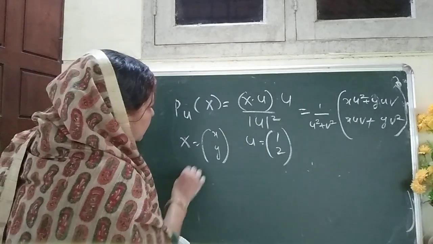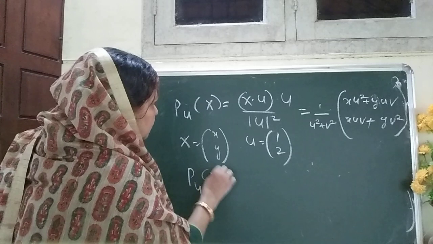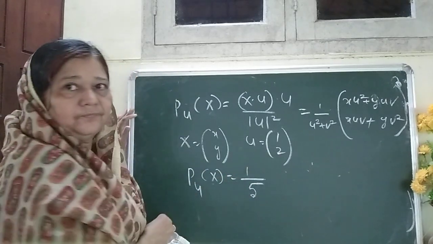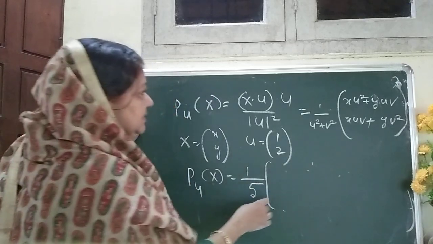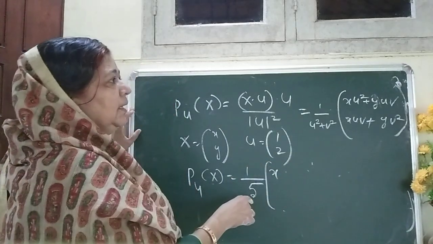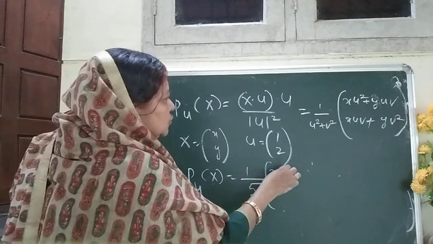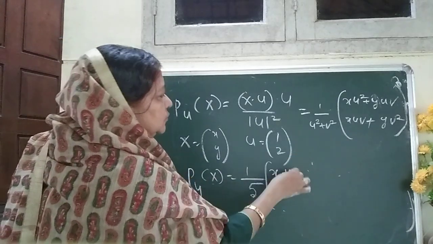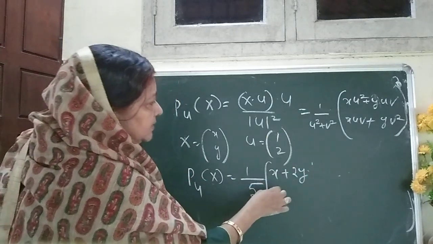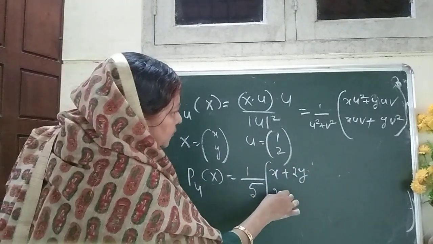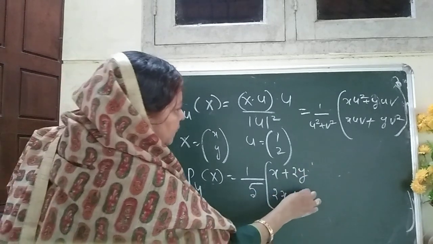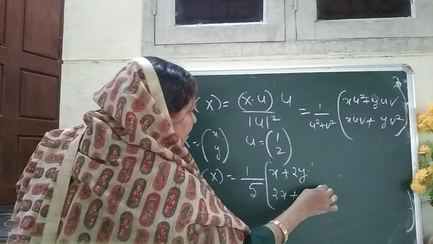Here PU of x equals 1 by (u square plus v square), that is 5, into x u square, which is x, plus y uv, that is 2y, and also here x into uv, that is 2x, plus y into v square, 4y.